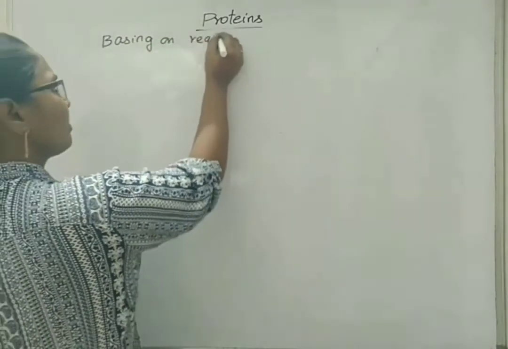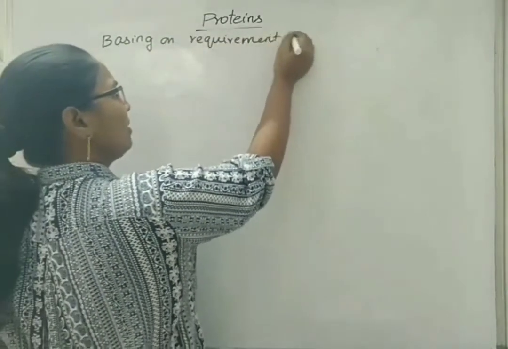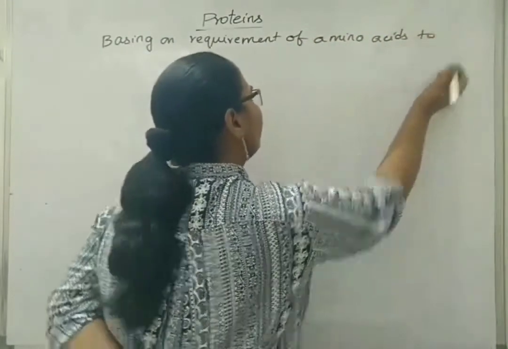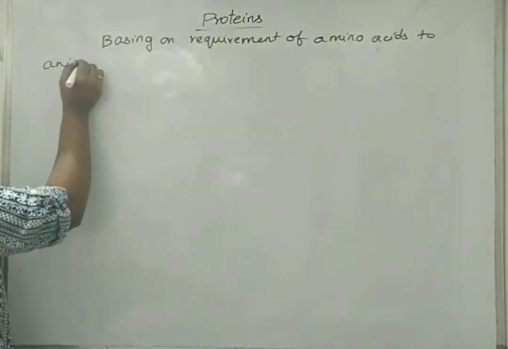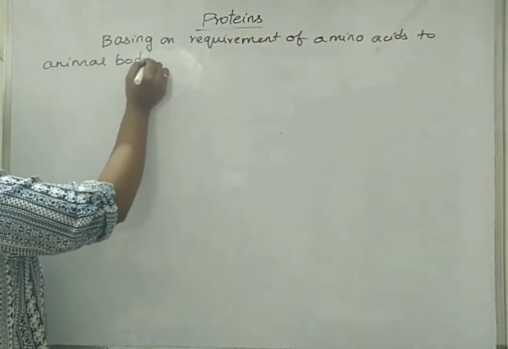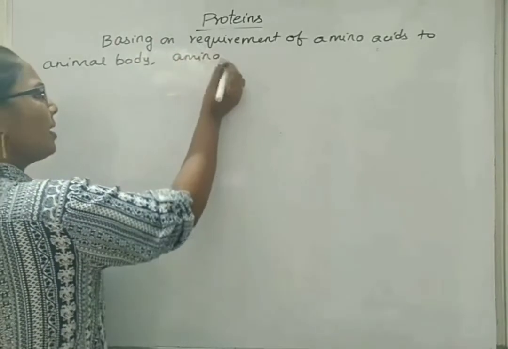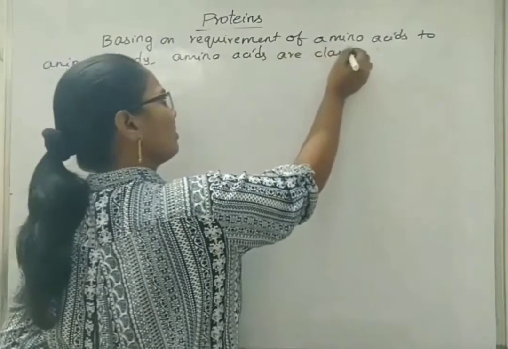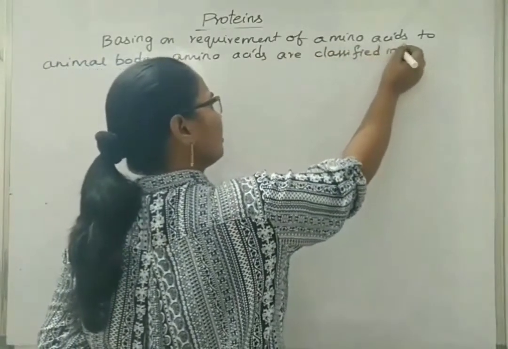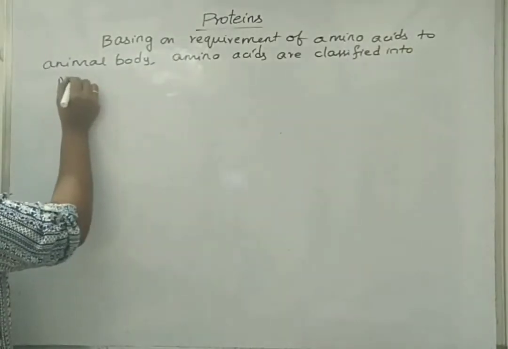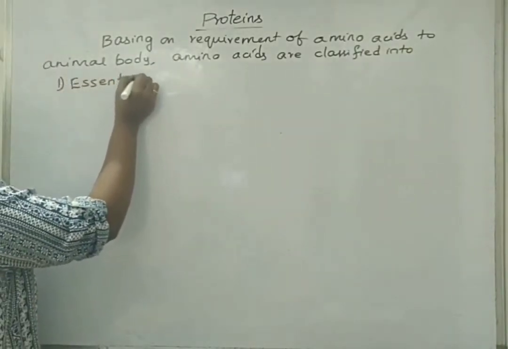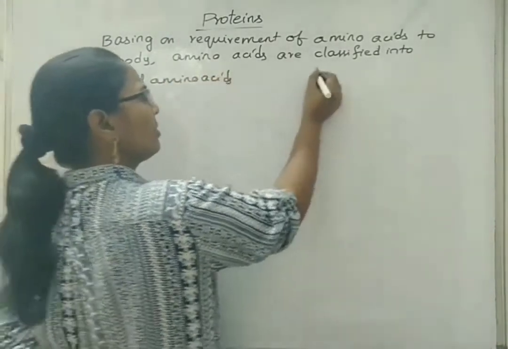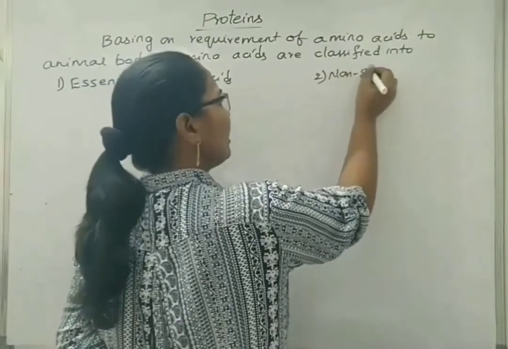Based on the requirement of amino acids to the animal body, amino acids are again classified into first, essential amino acids, second, non-essential amino acids.